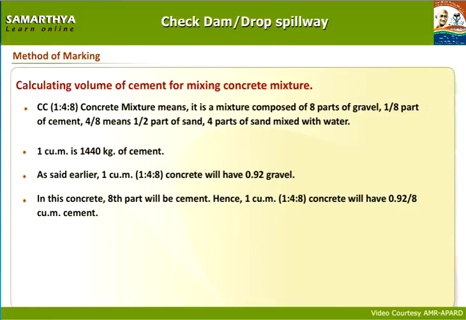Hence, 1 cubic meter of 1:4:8 concrete will have 0.92 per 8 cubic meter cement. 1 cubic meter is 1440 kg of cement.